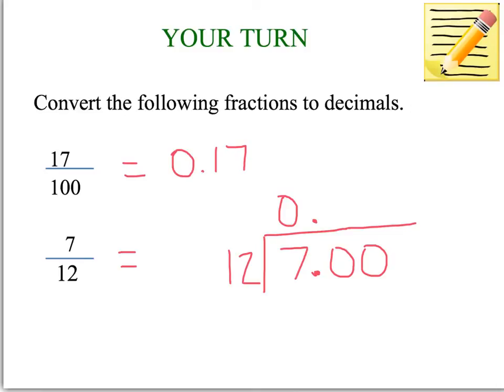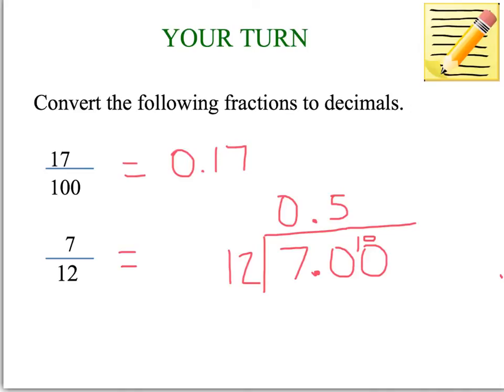Alright, 12 into 70. 5 12s are 60, with 10 left over. Put a 10 here, whoops.